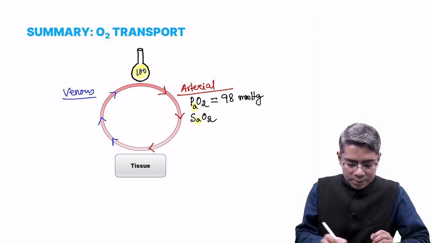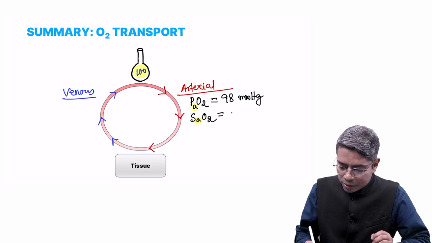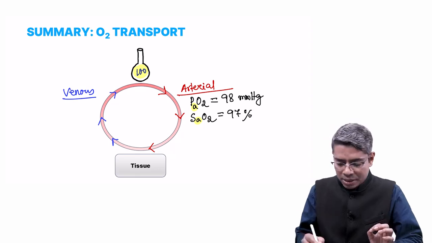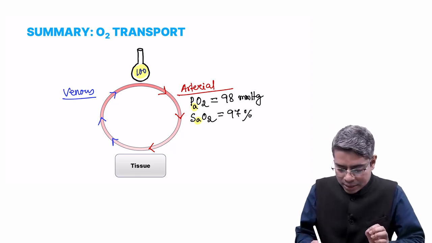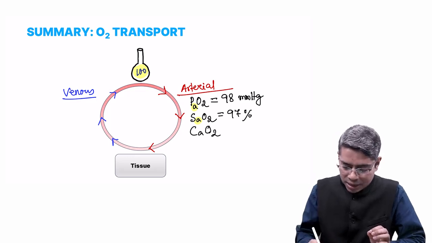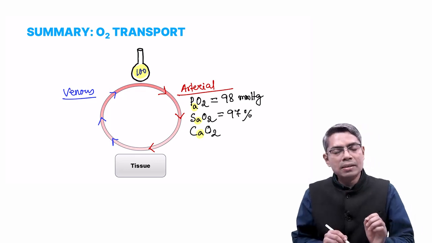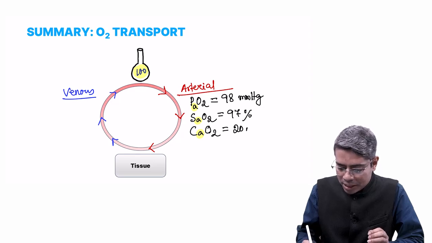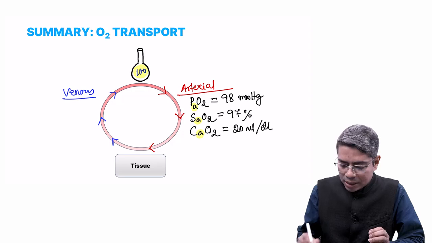The small a is for arterial blood. That is 97%. With a saturation of 97%, the total oxygen content, CaO2, where C stands for content of oxygen and a stands for arterial blood, is approximately 20 ml oxygen in 100 ml of blood.